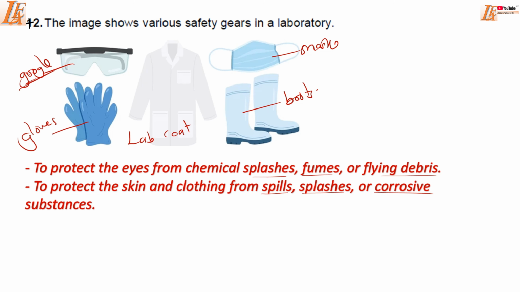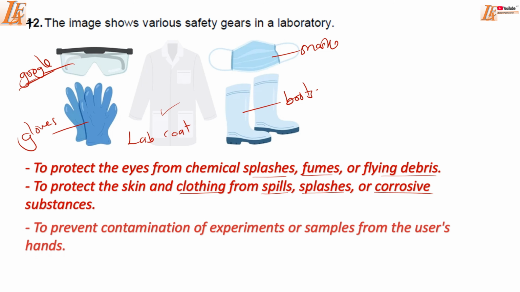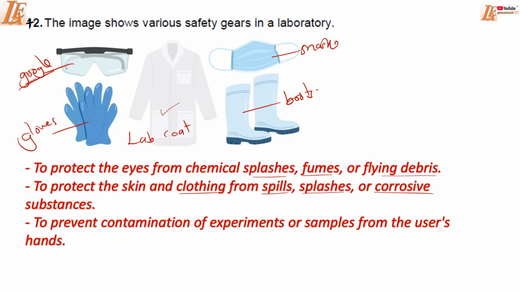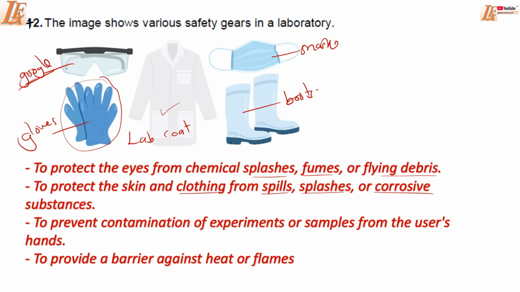This one is for the lab coat. Then another one is to prevent contamination of experiments or samples from the user's hands. Then the last one is to provide a barrier against heat or flames. These gloves and gumboots also provide a barrier against heat or flames in the lab.